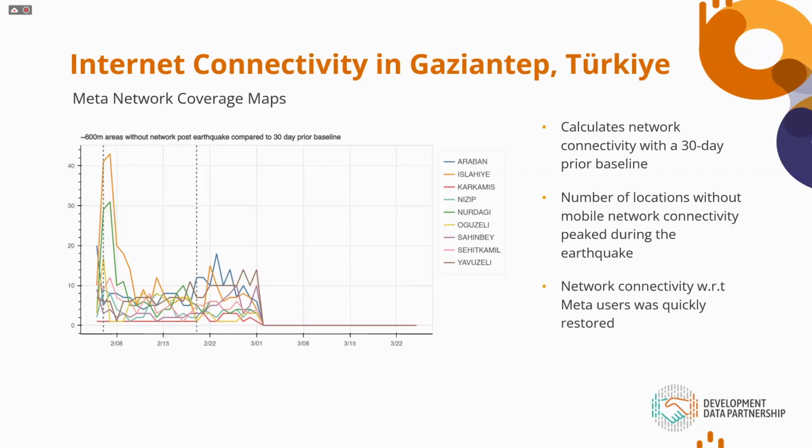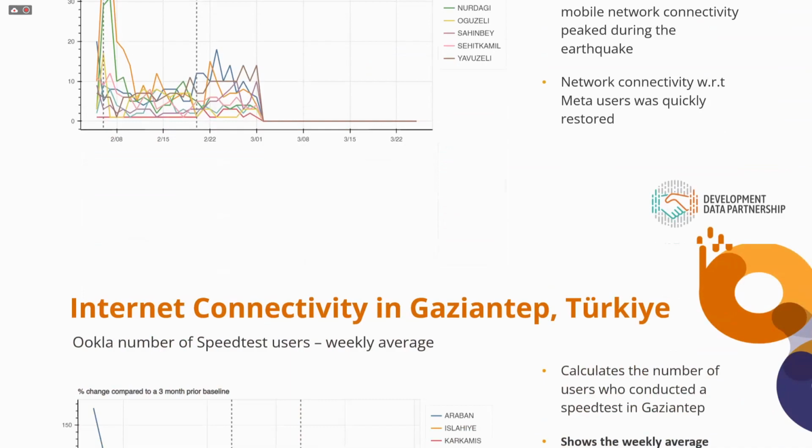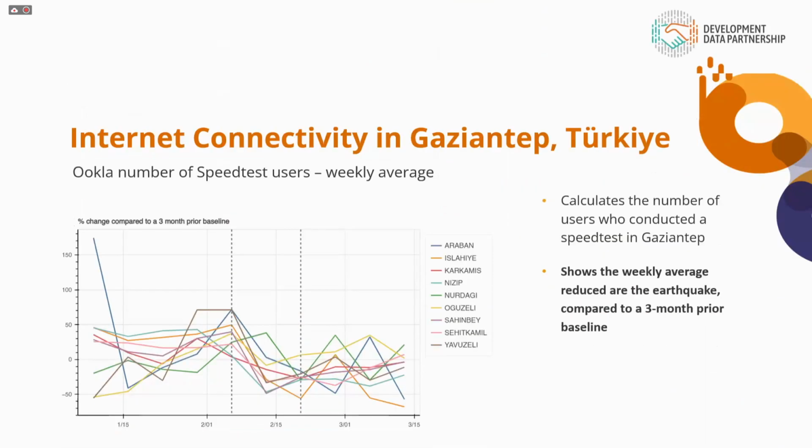So what you see is that immediately after the earthquake, the number shoots up, which means a lot of places lost network connectivity. But the very resilient fact of the internet that you see here is that quickly after the earthquake, that number reduced, which means all of the places that had internet 30 days prior to the crisis event continue to have internet now.